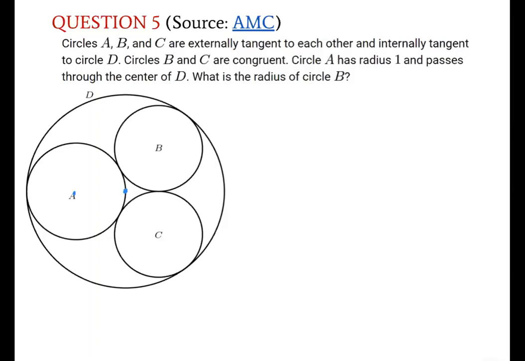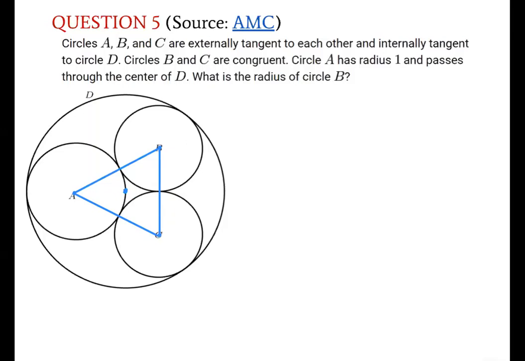And I'm going to mark the centers of each circle, and I will connect the centers. I'm going to connect the centers, and basically this will all turn into a triangle problem.